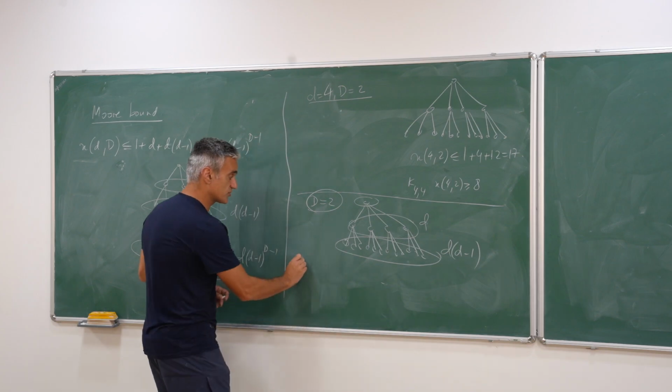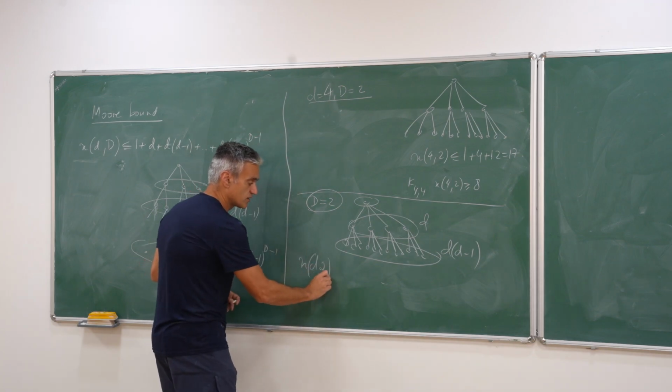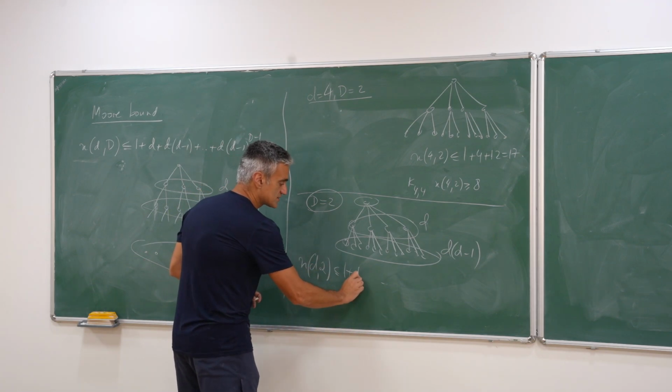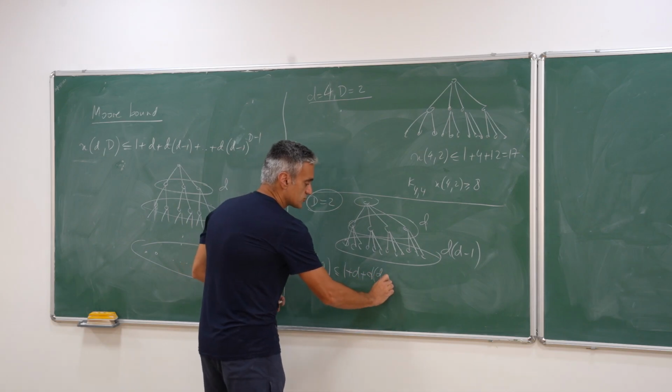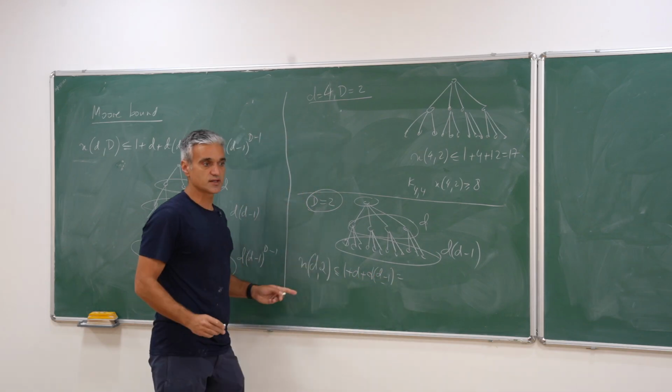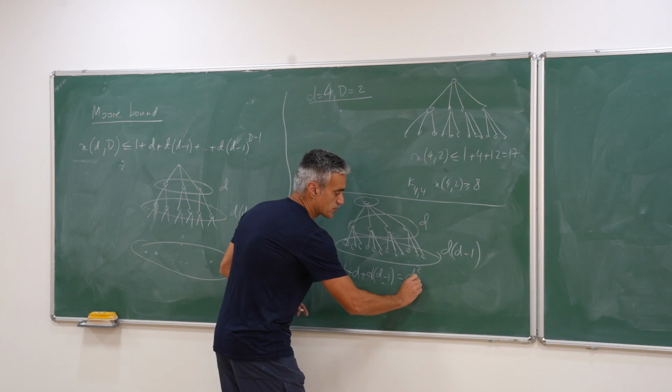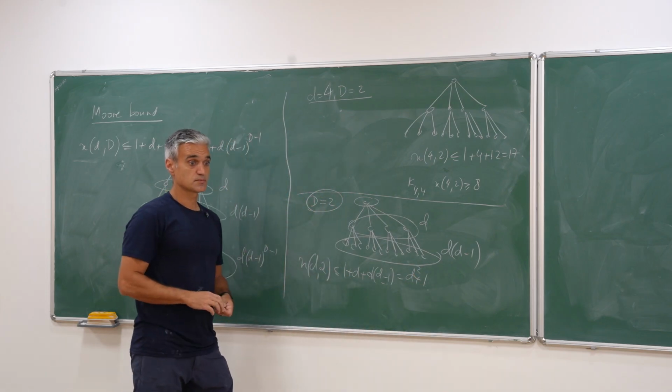So the number of vertices in your graph, N(d,2), is less than or equal to 1 plus d times (d minus 1), and when you do the calculation, this becomes d squared plus 1.